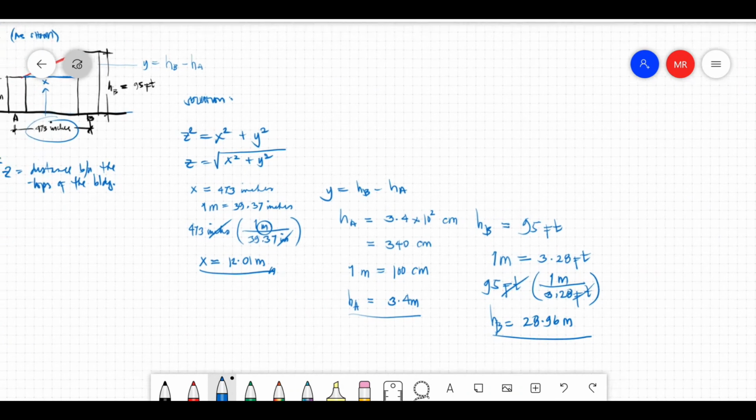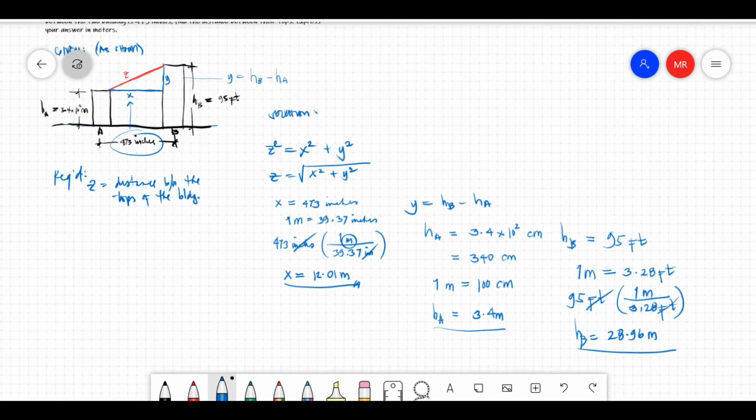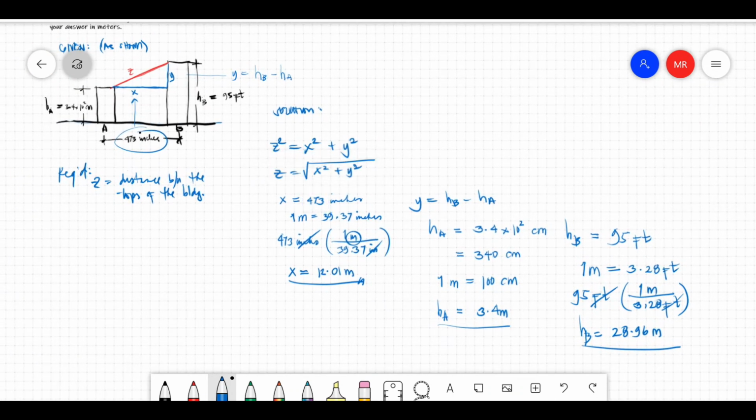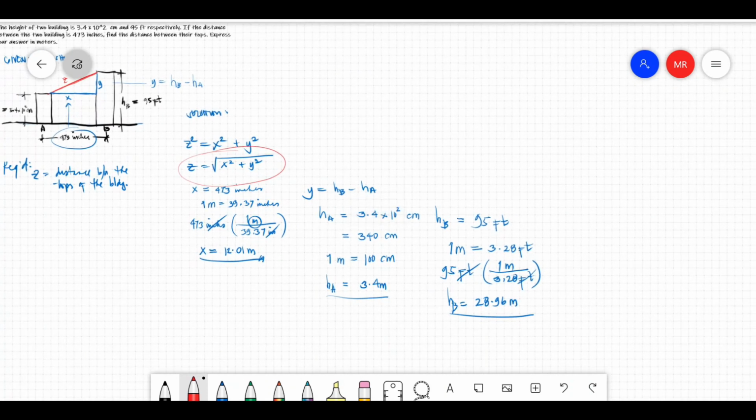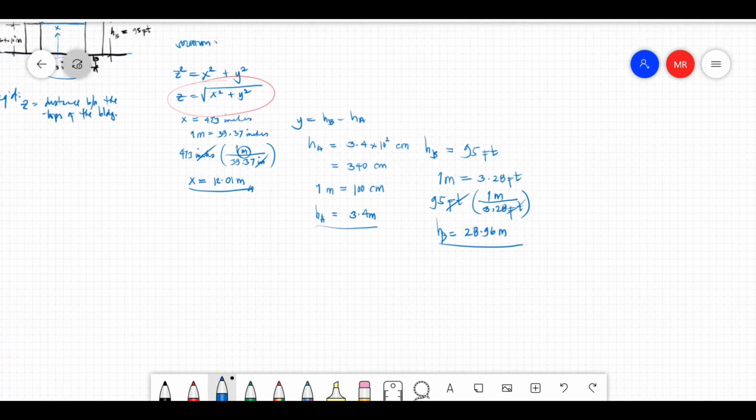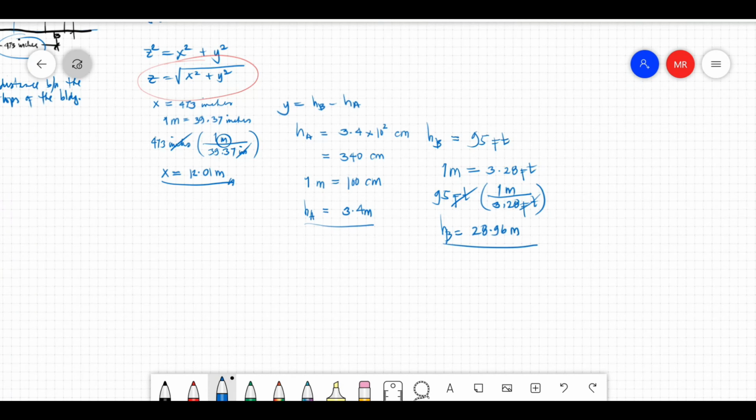Now let us go back to our equation, our Pythagorean theorem, because we are asked to find Z, where Z is the square root of X squared plus Y squared.